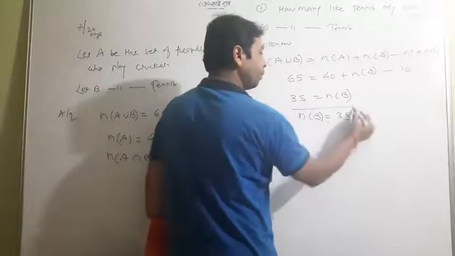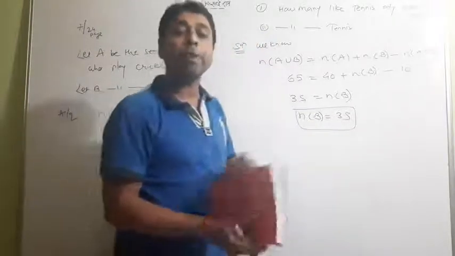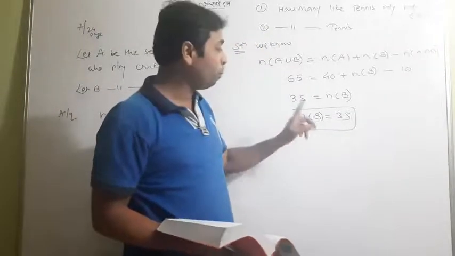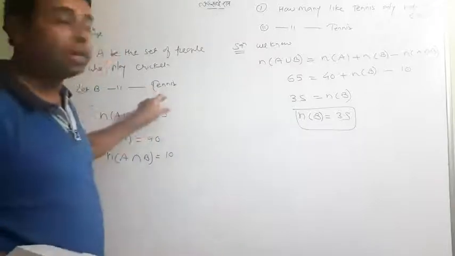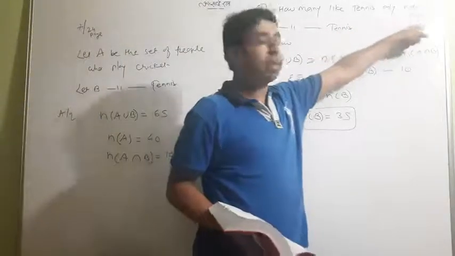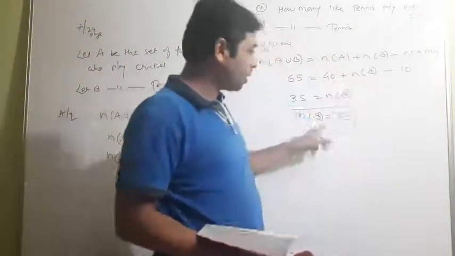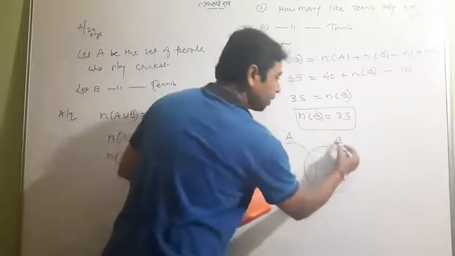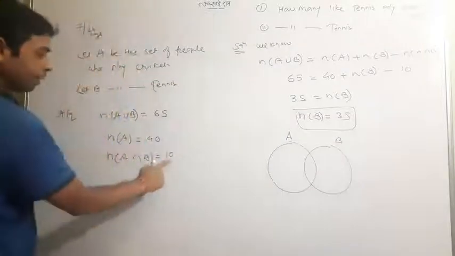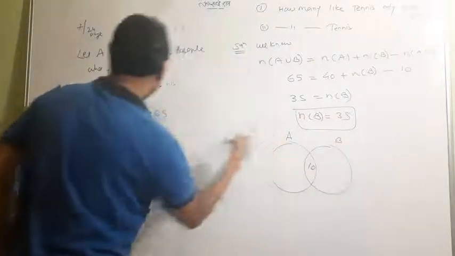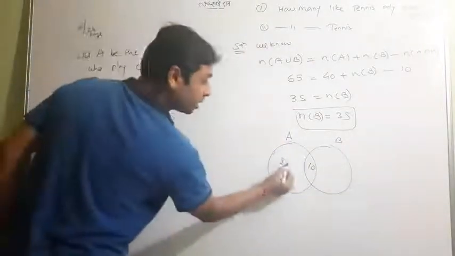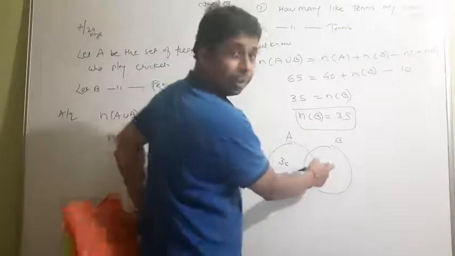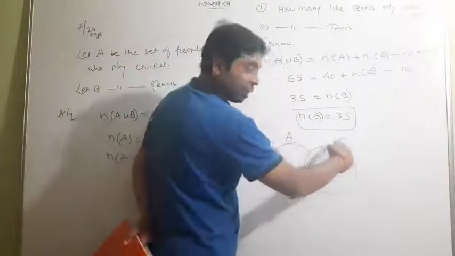What is N of B? The number of players who play tennis. And only tennis, not cricket, is a different thing. Because this 35, according to the picture, one can understand very easily. The common is 10. Look at this. N of A was 40, meaning this part is 30. And what about here? The whole is tennis.